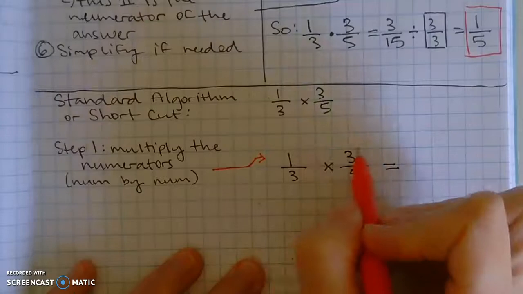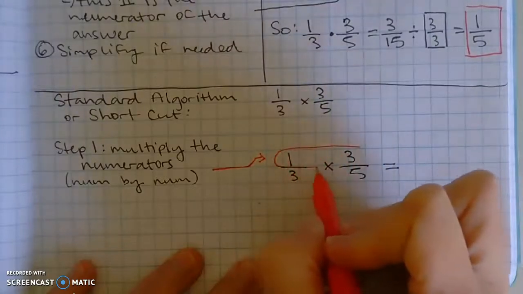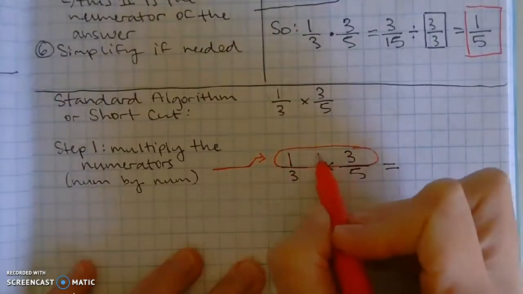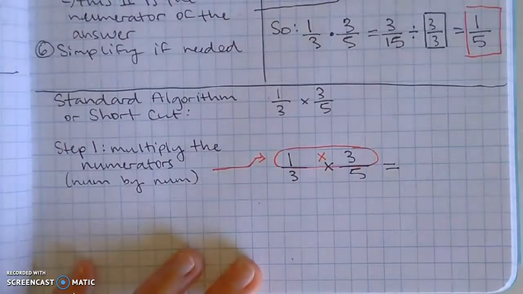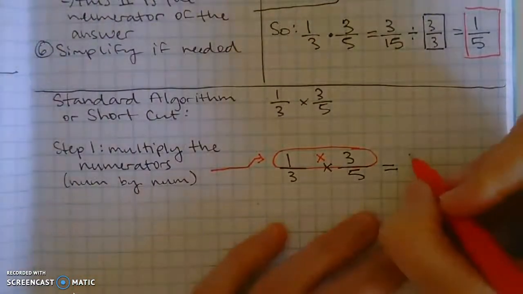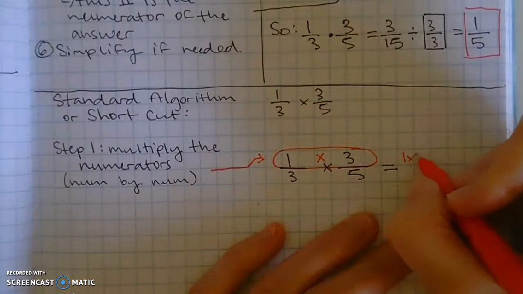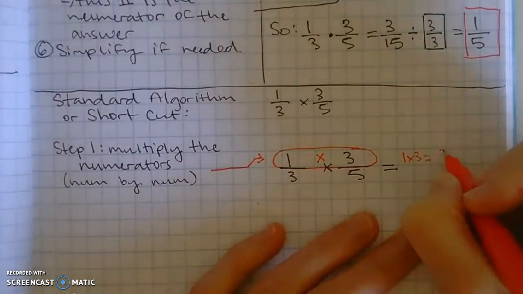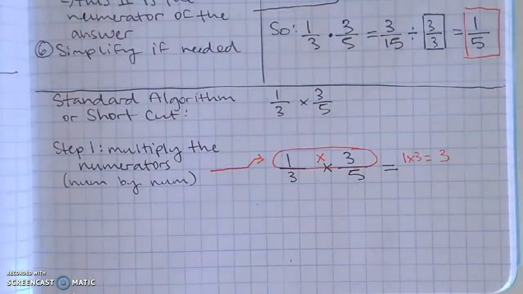So I'm going to do my numerator times my numerator. 1 times 3 is going to be 3. So that's step 1.